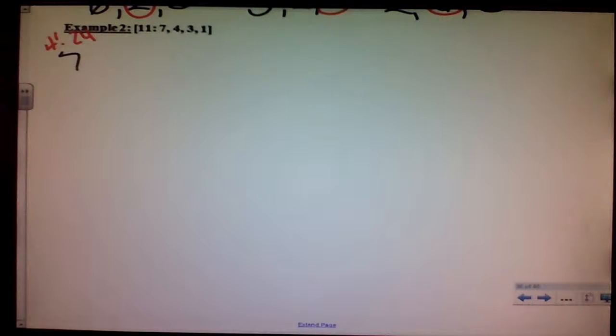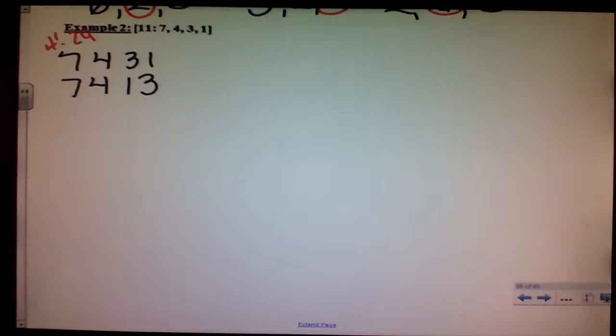Start with 7, 4, 3, and 1. Keep the first 2 numbers and just switch the last 2. So 7, 4, 1, and 3. Those are your only 7, 4s.